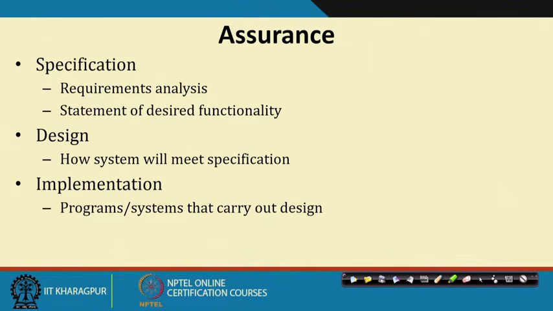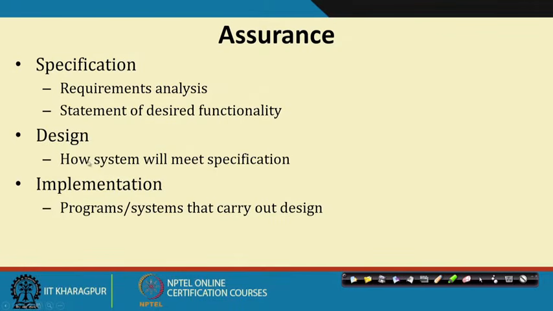Then, above all, after doing all those things, what I want to guarantee is the assurance. The assurance has a specification, requirement analysis, statement of desired functionality, design and implementation. When I implement a security infrastructure, say for this building or IIT Kharagpur, it may be by his own team of IIT Kharagpur or some external third party.